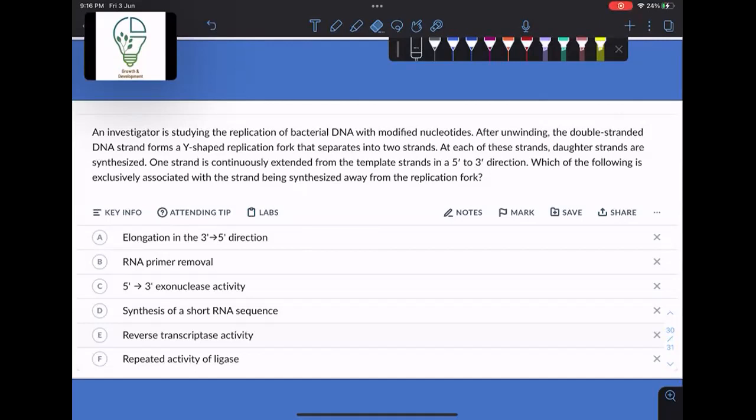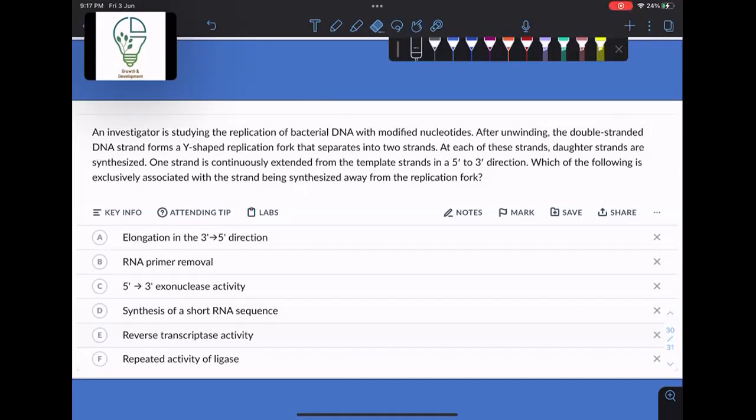All right, for those of you who answered F, very good job. I'm very proud of you. It is actually F, and the reason why is because the answer is repeated activity of ligase, okay? The DNA synthesis of the lagging strand, remember, is away from the replication fork, in the 5-to-3 direction.